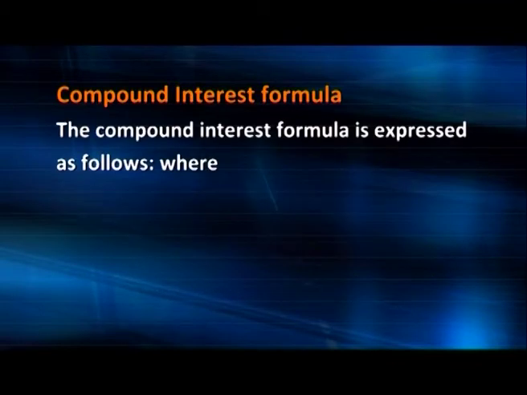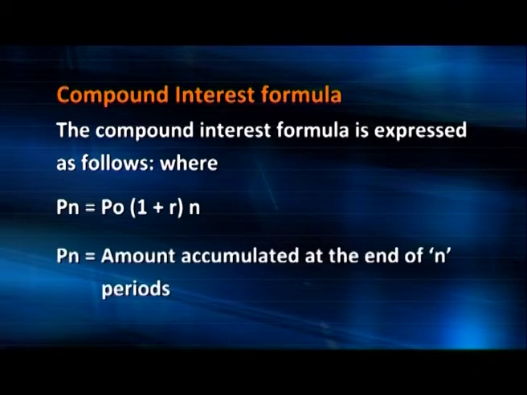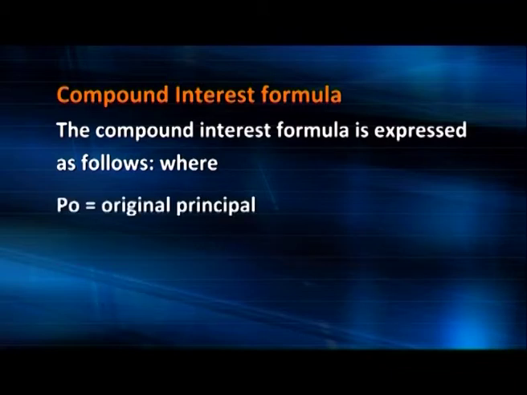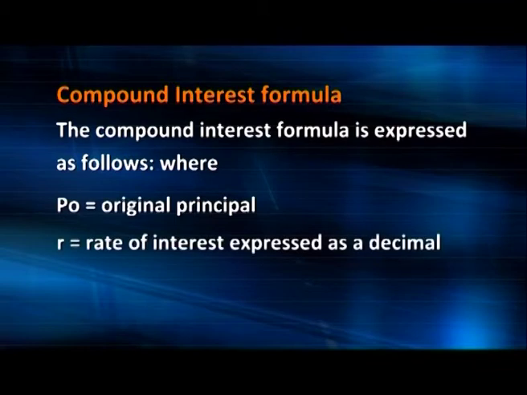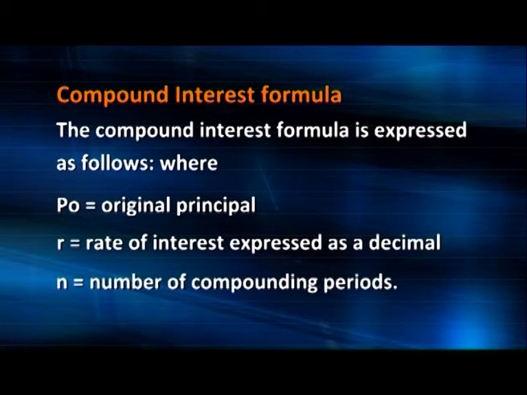In this discussion, the relationship between the average and the compound interest calculation is indicated. The compound interest formula is expressed as Pn is equal to P0 multiplied by (1 plus R) to the power n, where Pn is the amount accumulated at the end of n periods, P0 is the original principal, R is the rate of interest expressed as a decimal, and n is the number of compounding periods.